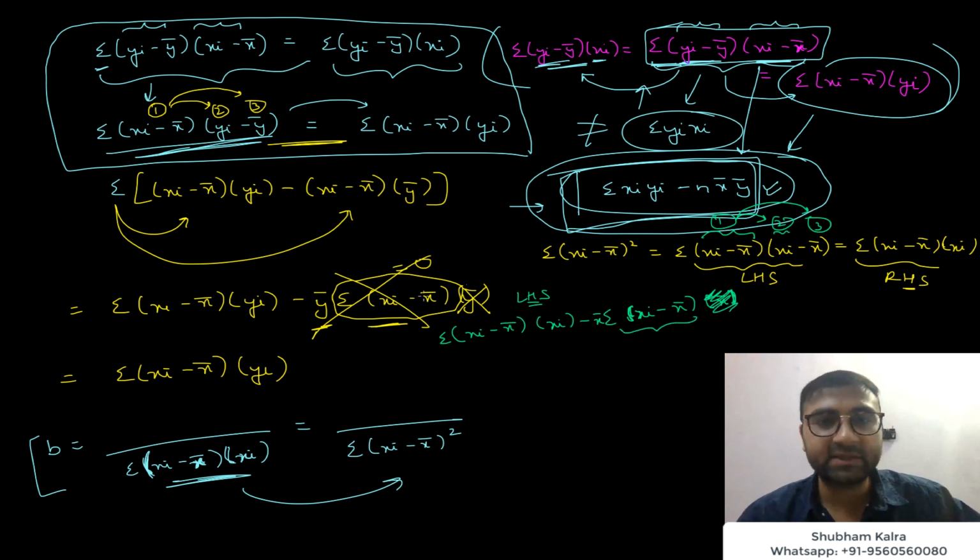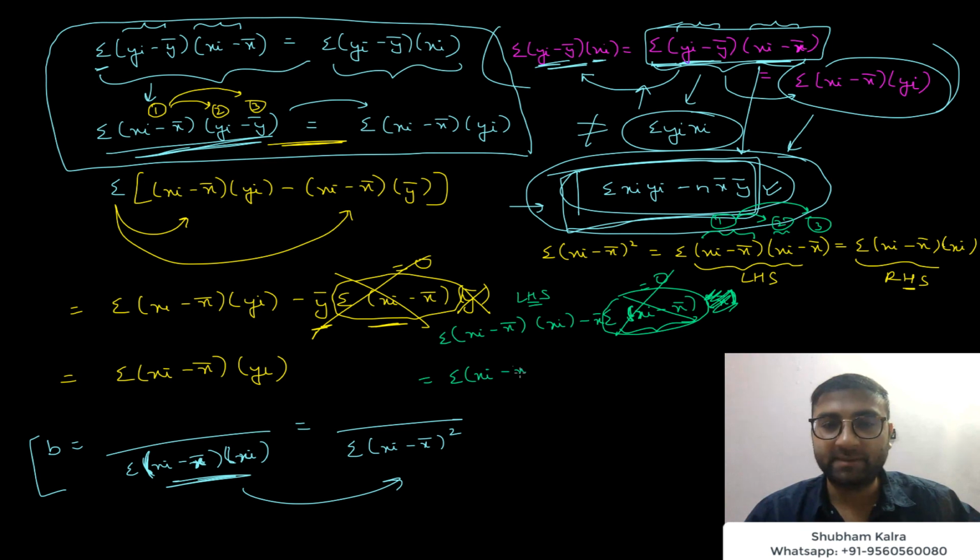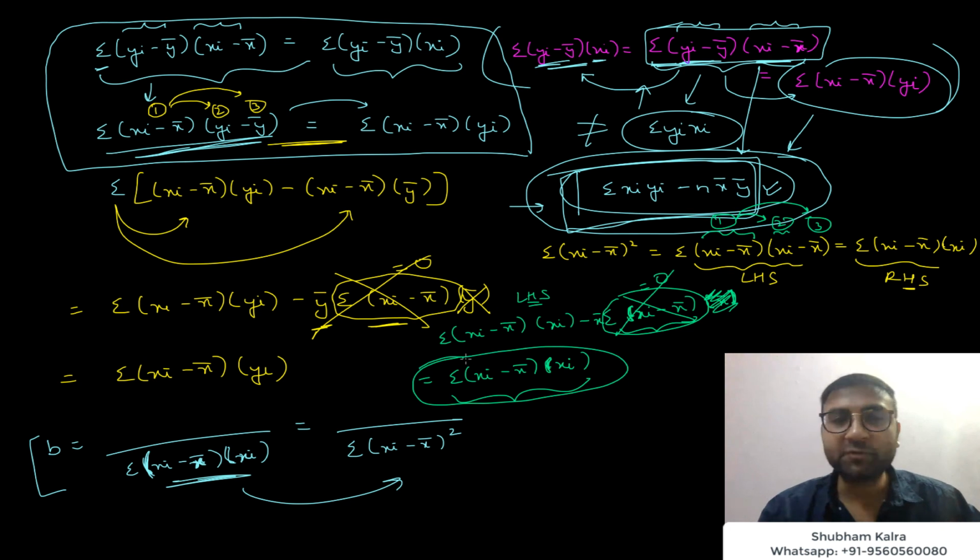I have discussed this with you because sum of deviations from mean is equal to 0. So this part is equal to 0. That means the second term is x bar multiplied by 0, so this entire second term goes away. That means we are just left with the first term, which is summation of xi minus x bar multiplied by xi. And this is what I wanted to show you, that summation of xi minus x bar whole square can be written as summation of xi minus x bar multiplied by xi. Right? So this is how you play with formulas.